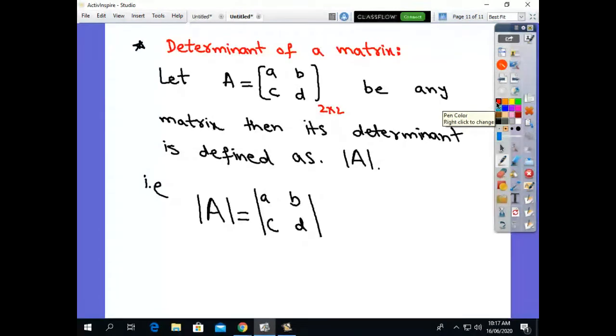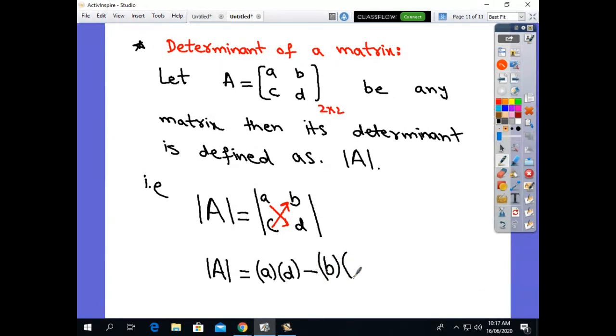First of all, we multiply this A with D and C with B. There is a negative sign in between them. Determinant A is equal to A multiplied with D, minus B multiplied with C, is the determinant of the matrix A.